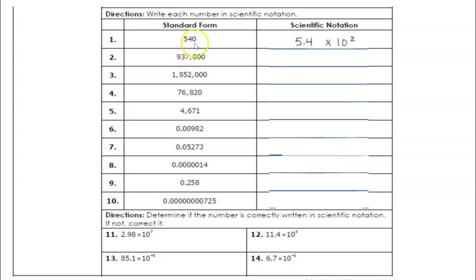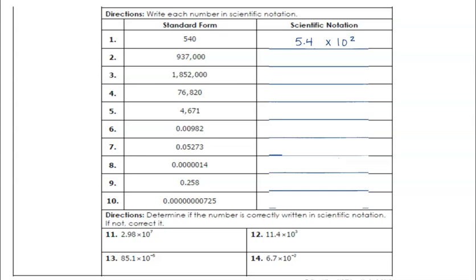So we are going to start here at the end. This is where the hidden decimal is. If there isn't one, there's always one at the end. And you want to move it over here. In order to move it, you have to also figure out how many spaces that is, because that's going to be your exponent. So here we would have 5.4 times 10 to the second, because we moved it 2 places to get between the 5 and the 4.